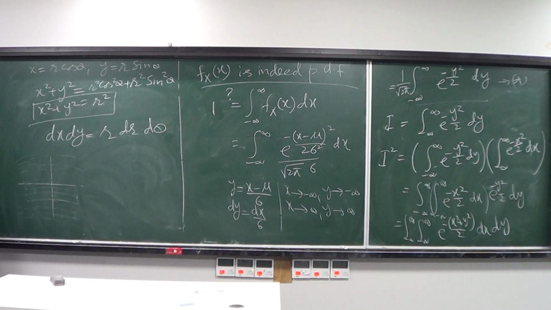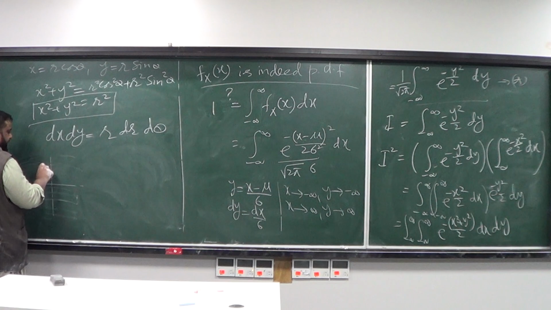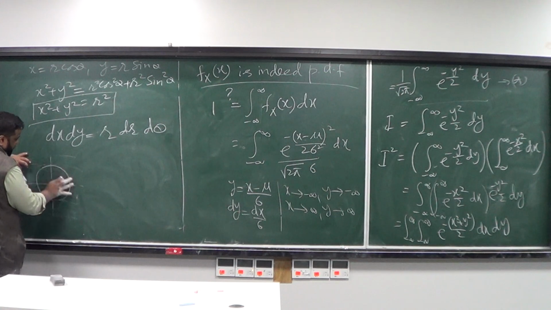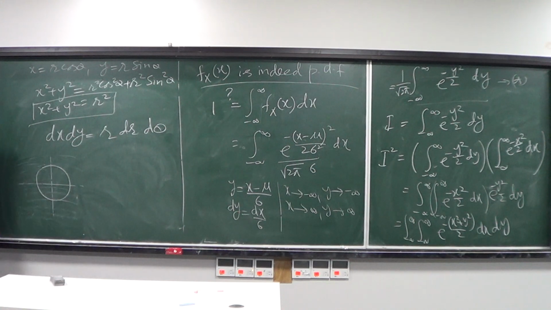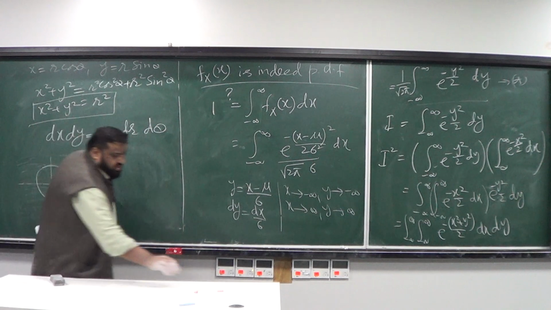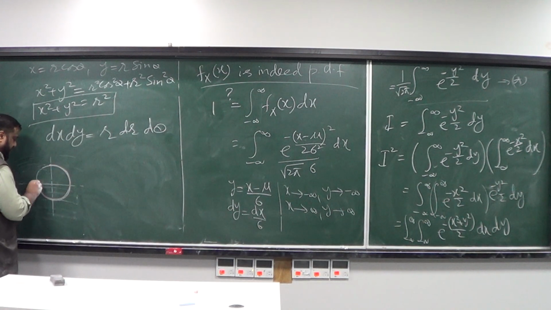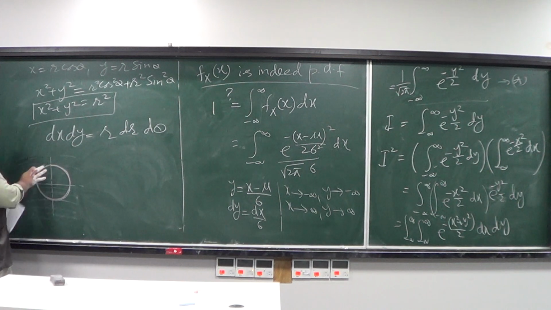So what does polar coordinates do? So the polar coordinates do this. So it says that okay, take a circle. अब मुझे इस सर्कल की मदद से यही पूरा एरिया कवर करना है. So how can I cover it? So I want to take this circle and I want to cover this entire area.